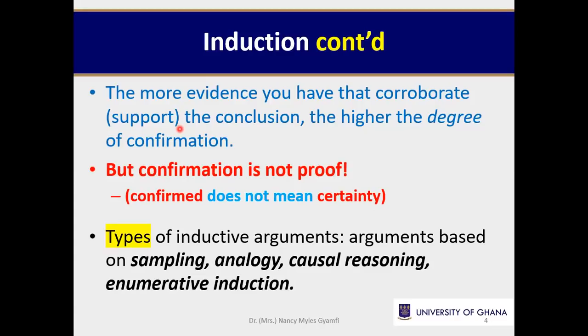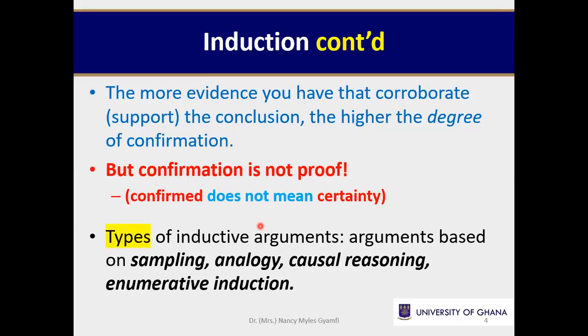But you haven't proven it. In other words, you can bring 1,000 instances of guys that broke ladies' heart to ground your claim that men are cheats or men are heartbreakers. But regardless of the number of instances you have that support it, you still haven't proven the conclusion.